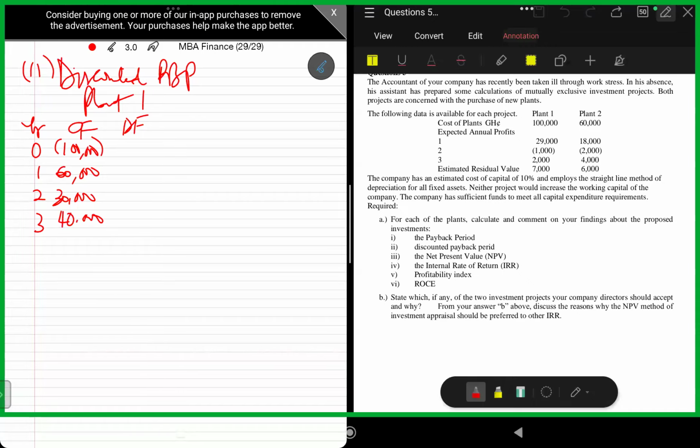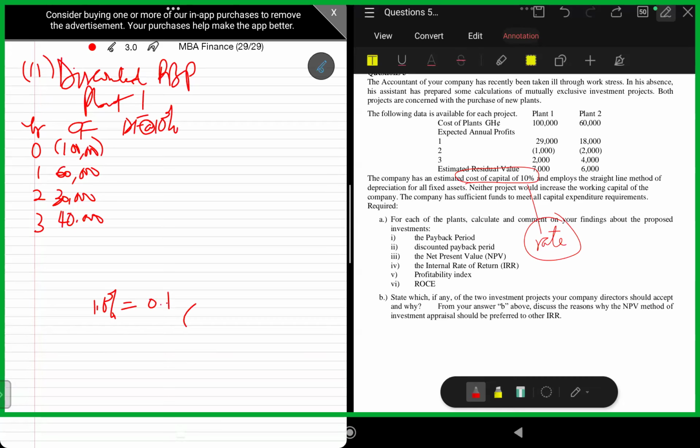So we have cost of capital. What's the cost of capital? 10%. This is representing the discount rate. Okay, I don't have to explain it so much, but let's say that's the discount rate. So the discount factor is at 10%, and 10% is the same as 0.1 in decimal terms.